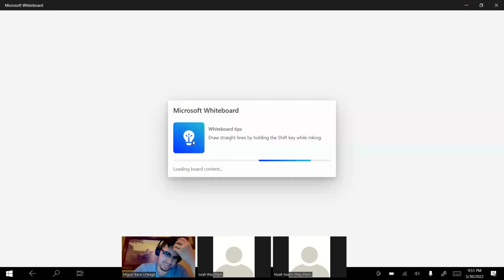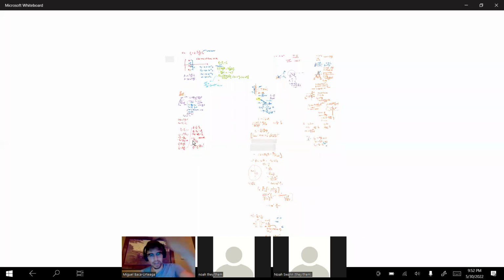Okay, so here's the example that we've got. Now this is an equation. The electric field of a dipole is... is this not going to load? Okay, there we go.